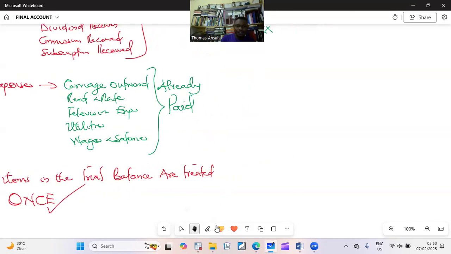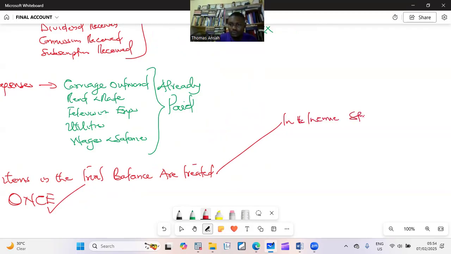Now, when I say they are treated once, what does it mean? It means that the item will appear only one time, or you recognize it only one time, in the income statement or in the statement of financial position. So that item cannot be in the income statement and at the same time in the statement of financial position.